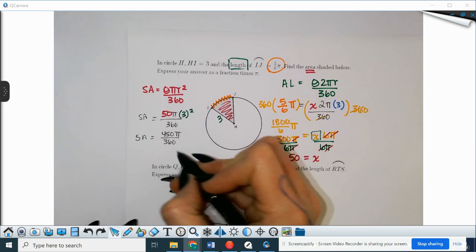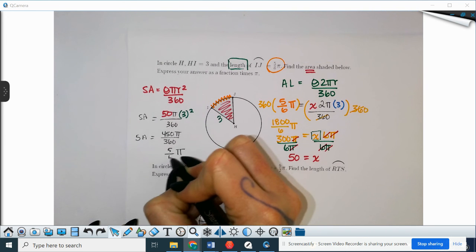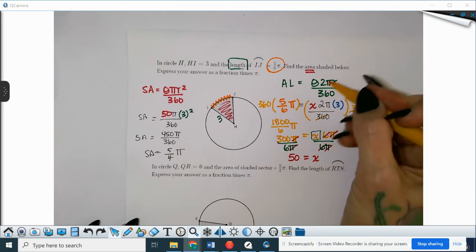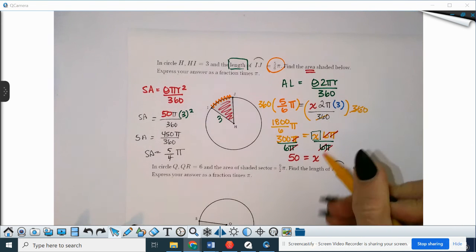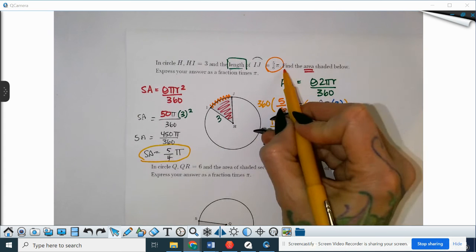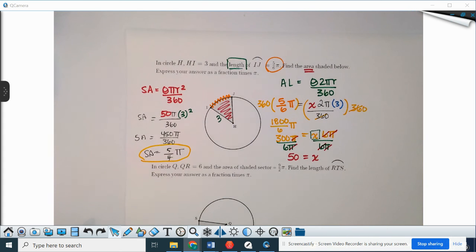And so you're just going to leave pi alone, like not push the button. And then we're going to get 5 over 4 pi is the sector area. So a lot of math, and there's going to be dummy answers. If it was a multiple choice question, 50 would be there. But the final answer to the actual question, find the area shaded below, is 5 over 4 pi.